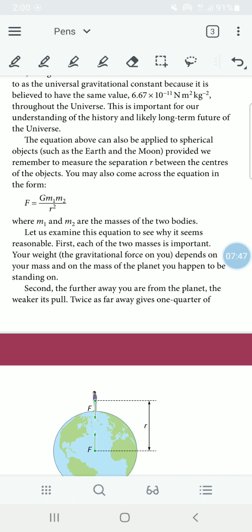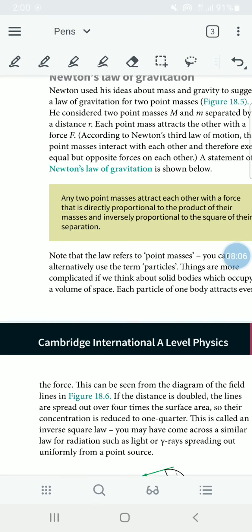Right? So you understand that. Then the further away you are from the planet, the weaker will be the pull, this attraction. That is the reason why, if you go into space, you will float rather than falling. Right? Twice as far away gives 1/4 of the force.